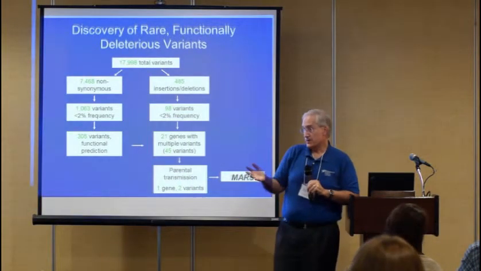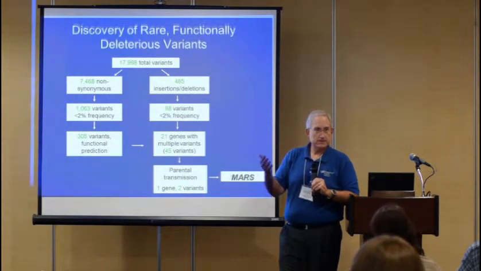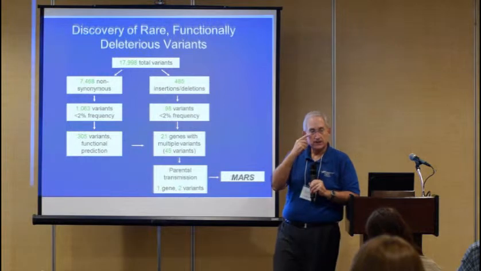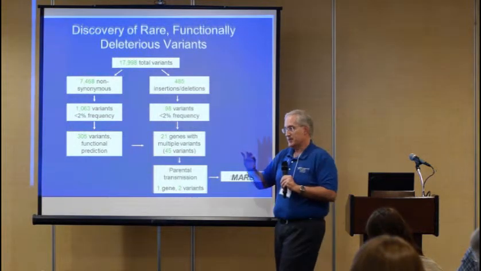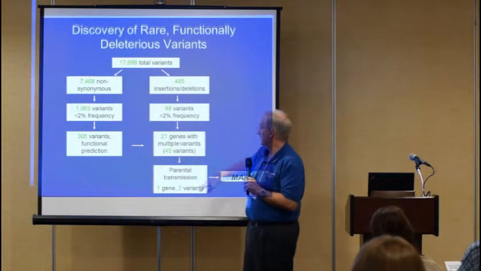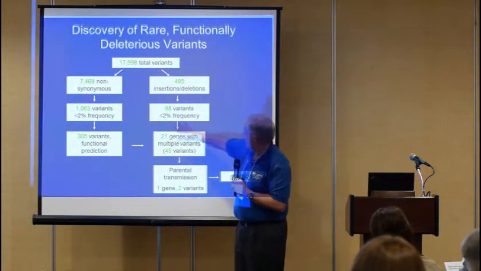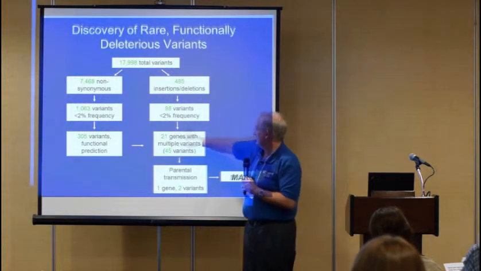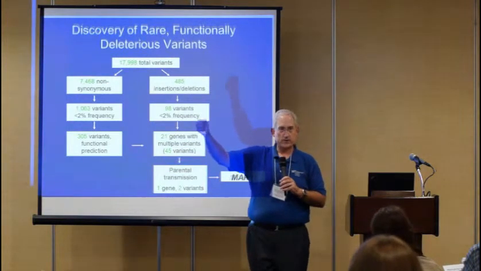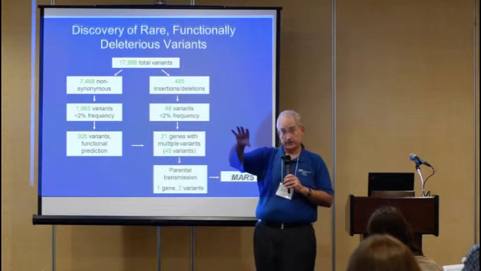That may or may not be correct, because there are dominant diseases like SBC mutations where it only takes one mutation to cause symptoms. And so that's a big limitation of some of the filtering algorithms that we use right now. So once we did that, we came down to 21 genes that had more than one variant within the gene in the child.